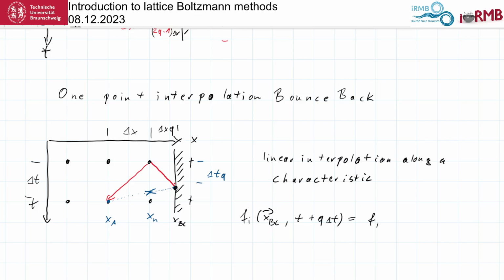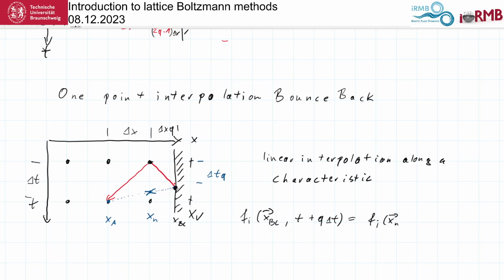This would be f_i at x_n, the pre-collision state up here, and this down here will be our virtual node.